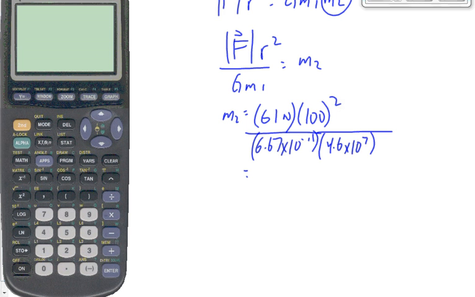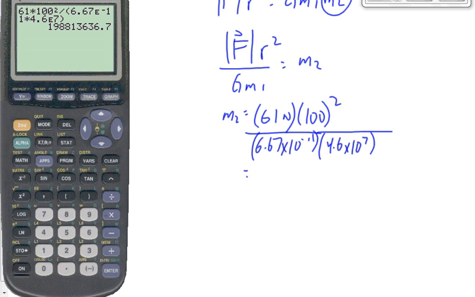Let's say 61 times 100 squared. Let's divide that by, and let's use some brackets on the bottom because we want to multiply both numbers inside the brackets. 6.67 times 10 to the minus 11 times 4.6 times 10 to the 7. Do that math. We get 1980.